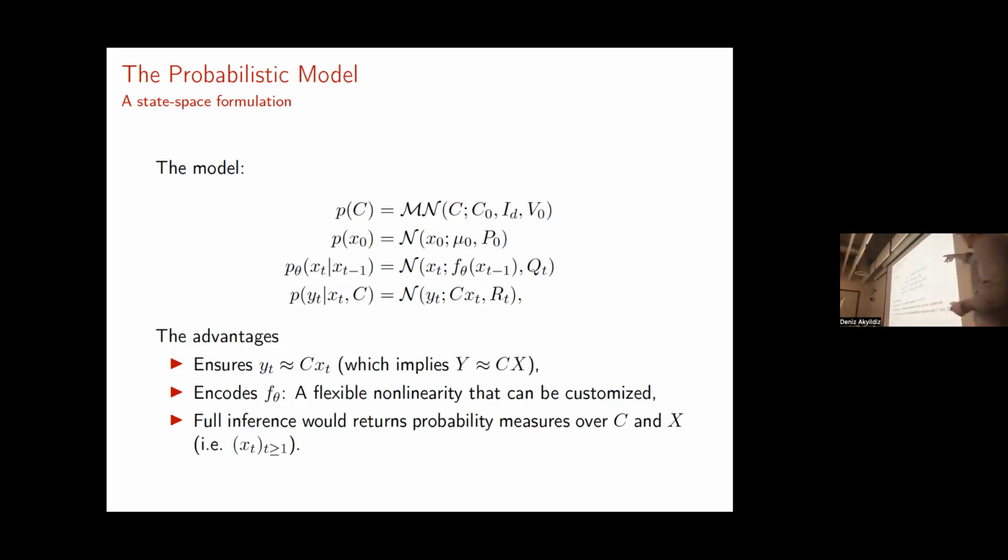One of the things is I will not write down the matrix normal distribution because it has a complicated form, which wouldn't give any more intuition. But the only thing you need to know for the matrix normal for now is that C0 is the mean, right? So I just have an initial mean. And these two matrices are the row covariances and column covariances, right?